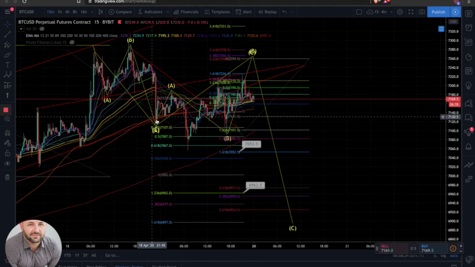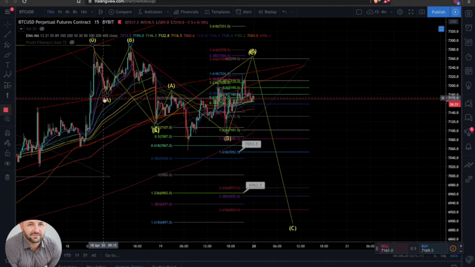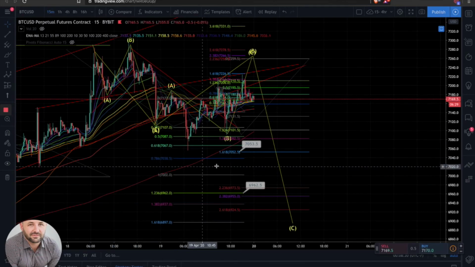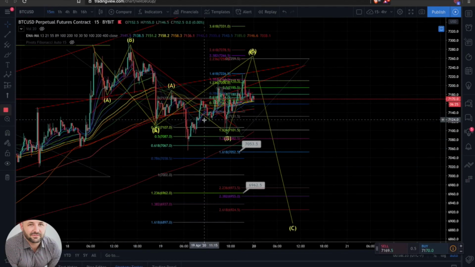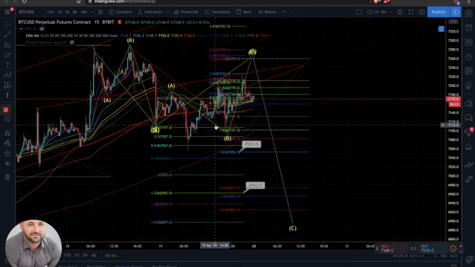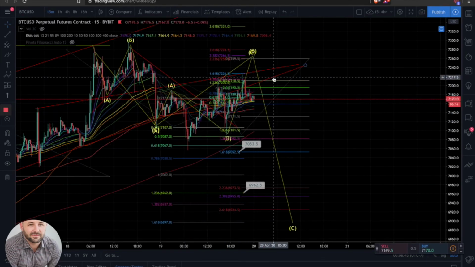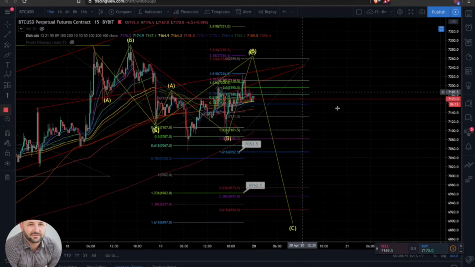It is a little bit choppy, in my opinion, for it to really have that leading diagonal come to fruition. So we will see. It's kind of on the fence. I'll have to dive into a little bit more detail, but right out of the gate, it does look to be a little bit more corrective. So ultimately, being that this is corrective, I'm looking for this to come up.